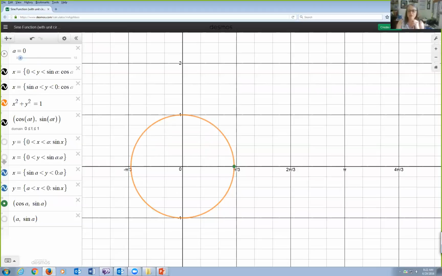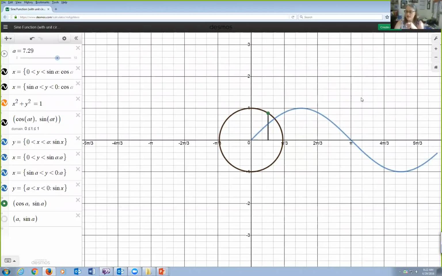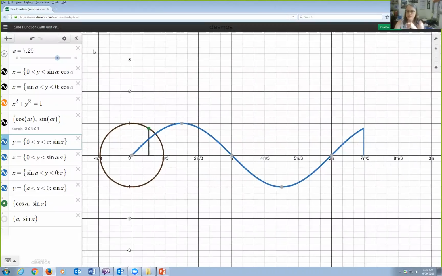And I'm going to take a look at a graph of the height of that point above the x-axis over time. And we can talk about time as time, or we can talk about time as the angle that the radius makes.